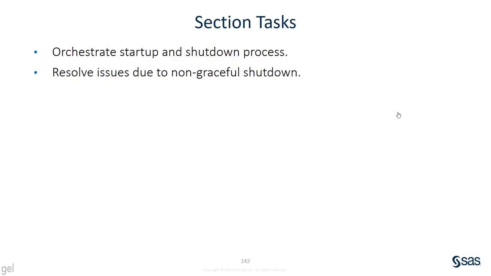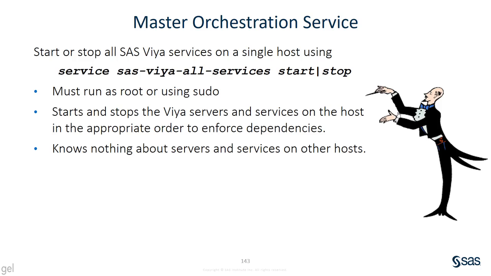Okay. So the good news is that when I have Viya, there is a service installed on each and every one of my machines called SAS Viya All Services. And it is kind of like the SAS servers script that we had in SAS 9.